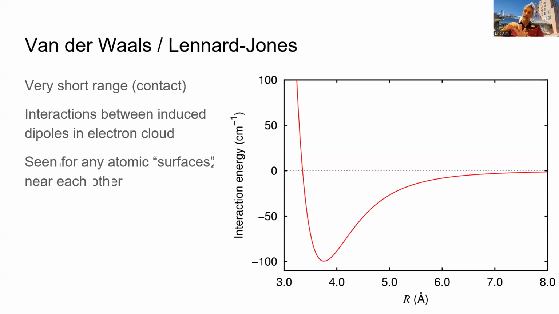And when the surface of one atom is really close to the surface of another atom, there's this dip in energy. And so that's why they have to be really well packed. And that's why you don't see proteins that have enormous holes in the center. Okay, unless those holes are filled with water or something else, because water can get in and also make those van der Waals forces.